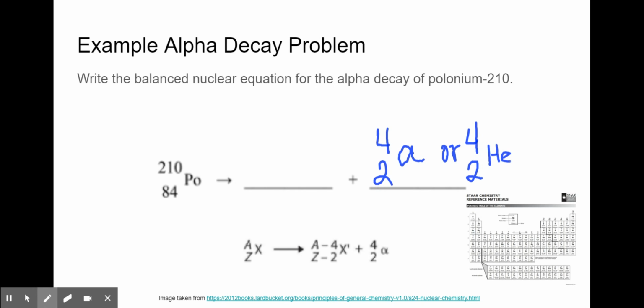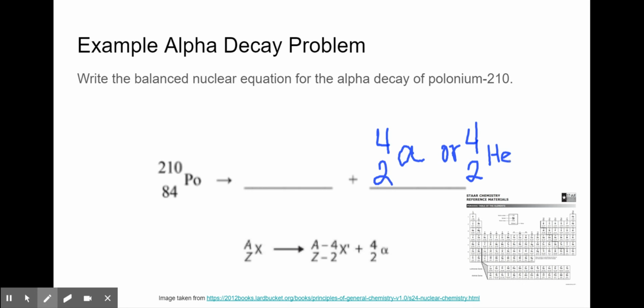The difference between nuclear equations and chemical equations is that I'm concerned about the number of subatomic particles being balanced. This also follows the law of conservation. The same number of subatomic particles that I began with on the reactant side has to be present on the product side.